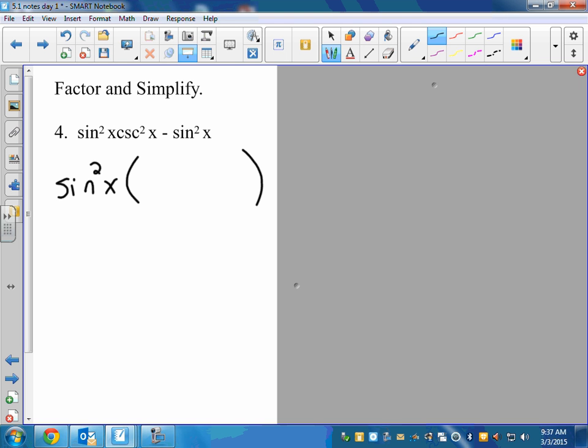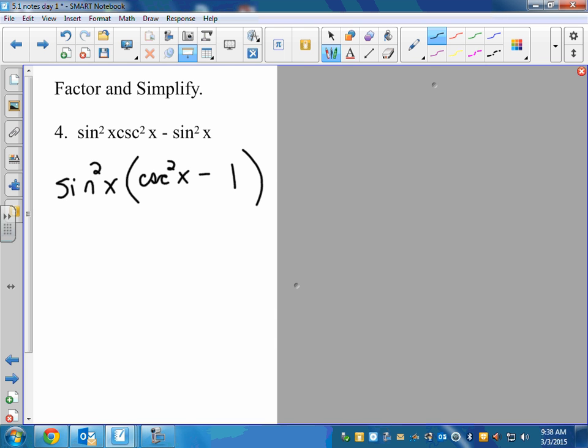And if I take a sine squared out of this, do you agree that I'm left with cosecant squared x minus, what happens when I take sine squared out of sine squared? I'm left with 1, because we're dividing. You guys are smart. My ECA kids always say 0. Next question. Can I use a Pythagorean identity to replace this?